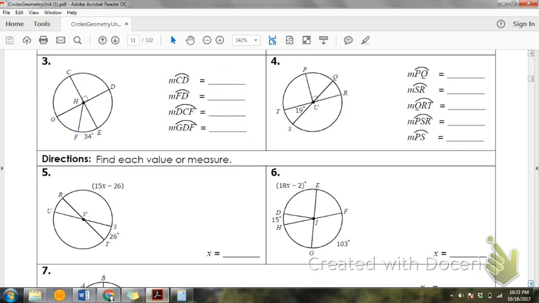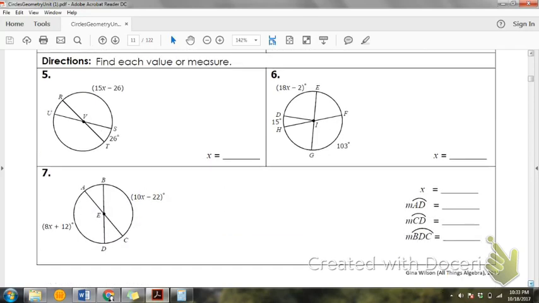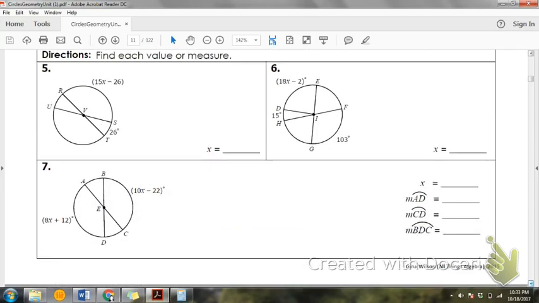All right, let's look at number 5. So now I have to do a little bit of work. On number 5, we know we have arc RS, and we also have ST. And if we notice, this is creating a semicircle, right?